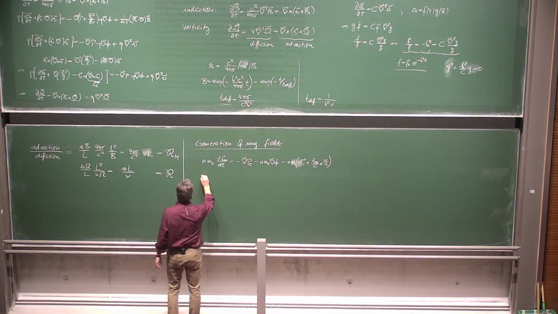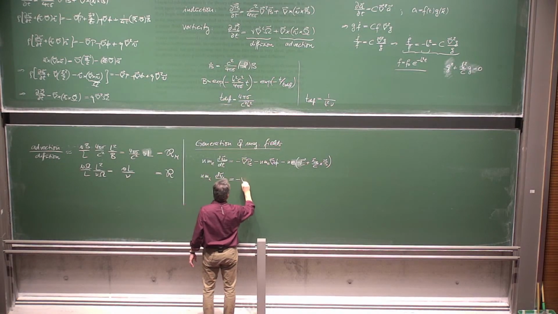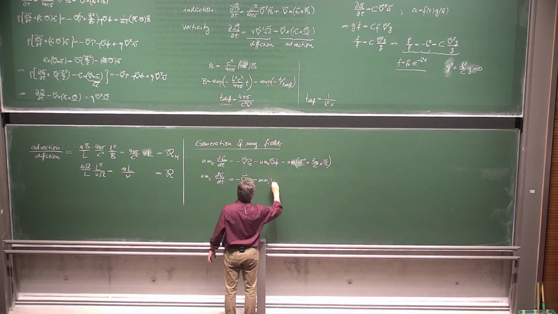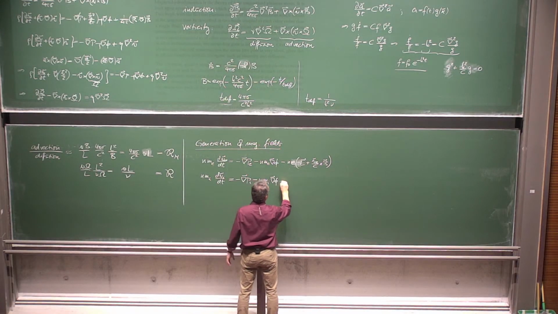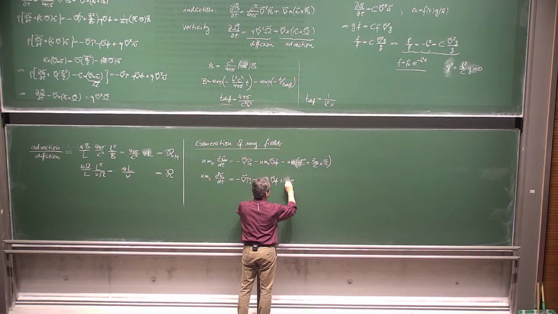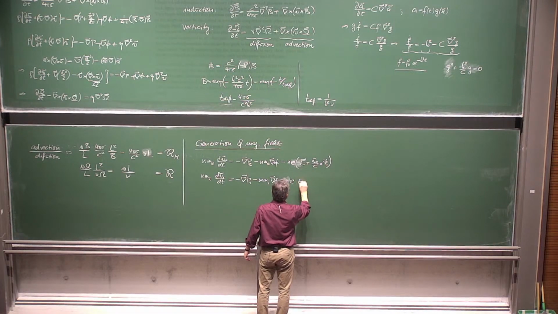Now let us simply copy the equation of motion for the ions. Plus Ne, right? Now we have positively charged things.